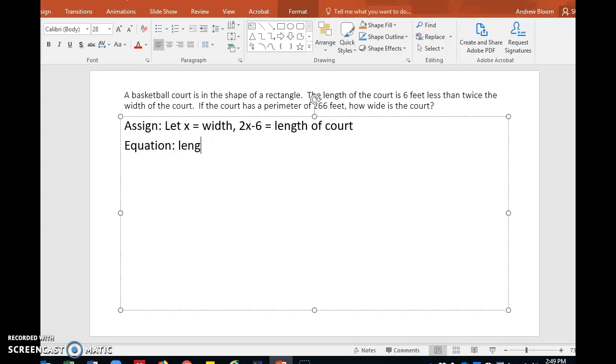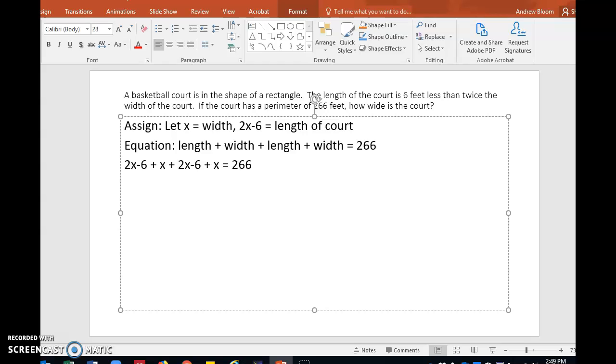Once again, we're looking at perimeter, so that's length plus width plus length plus width is equal to, in this case, 266 feet. Our length is 2x minus 6. Our width is x. And we have an equation that we can start to solve.